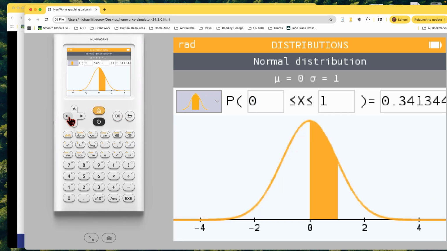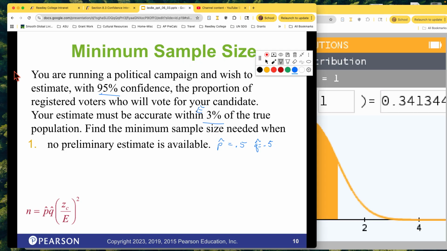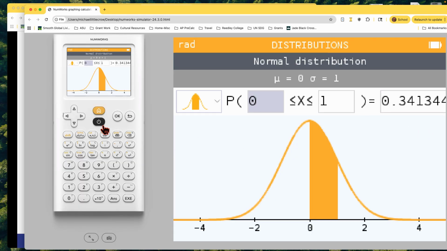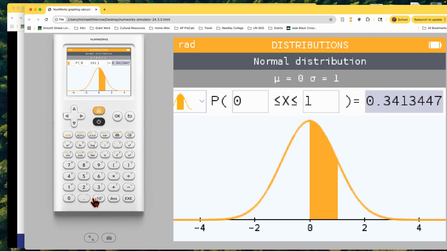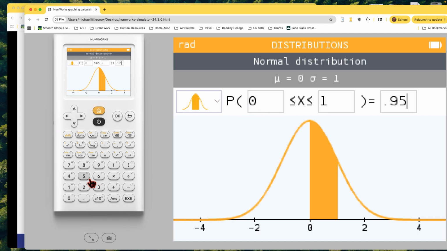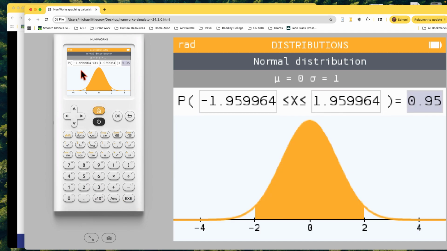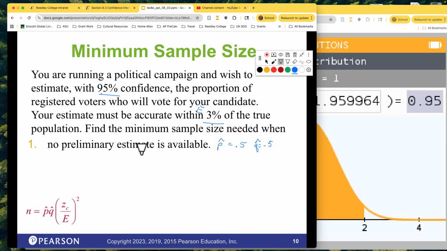We want the middle, what's the percent? 95%. So we put in 0.95. 1.96. So we'll round up the 5 to a 6. We'll just use the 2 decimal places, 1.96. So we've just calculated our Z critical is 1.96.